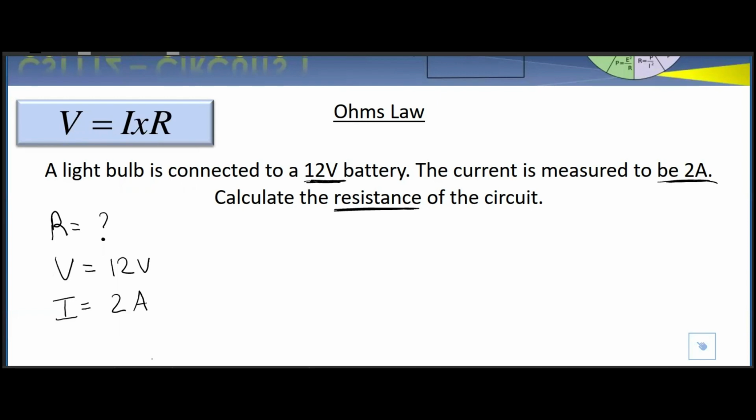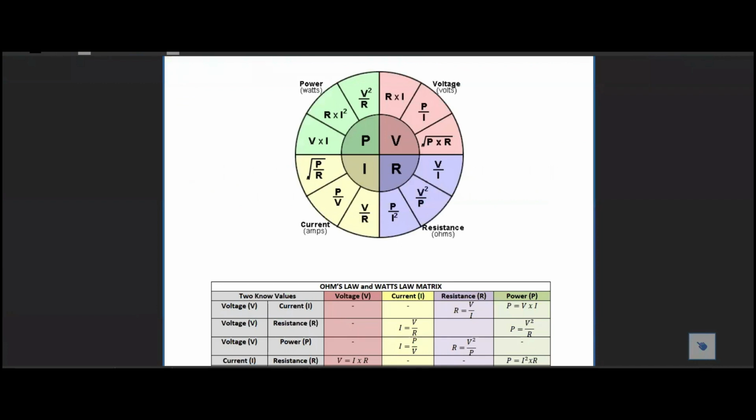However, you can refer to the Ohm's law, Watt's law wheel, or the matrix. I'll show you how to do both of them. So we were told that we need to find R, the resistance. And so when you refer to the wheel, you just come over here to R. So we know that all the formulas that will calculate the resistance are right here in this purple section.